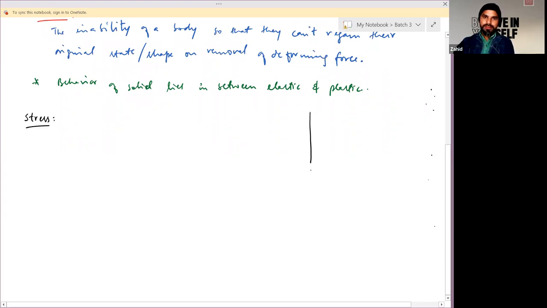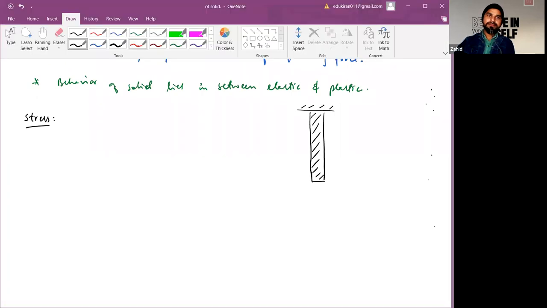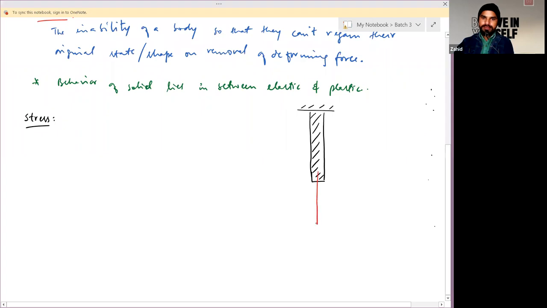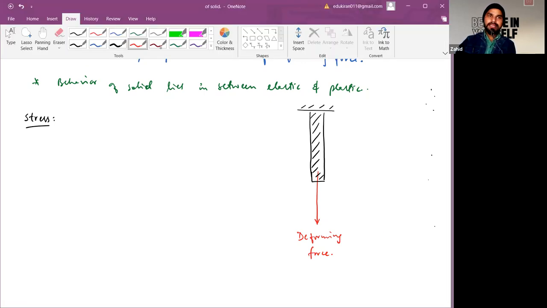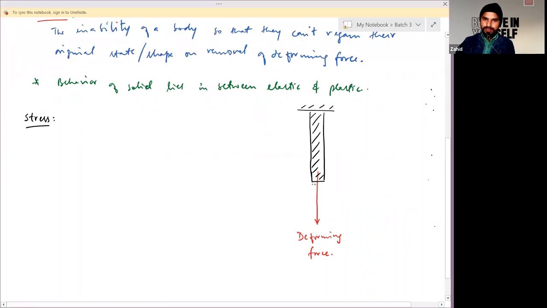Suppose there is a solid which is hanged from a support, and a force is applied on it along this direction to deform its shape, so it will be a deforming force, due to which this rod gets slightly extended to this point.